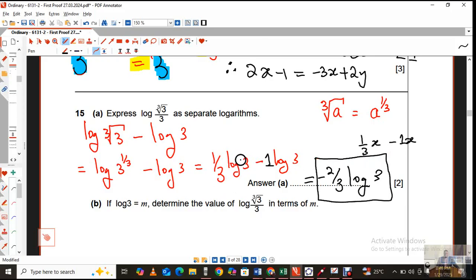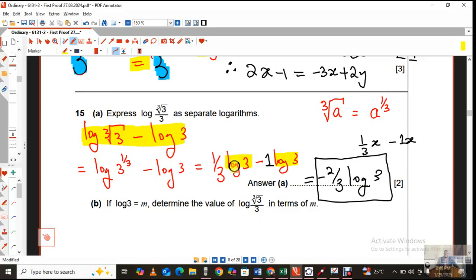But if you were to write it like this, it's also an accepted solution because you wrote it as separate logs. But it just so happened that this log 3 and that log 3 are common, and I would have like terms being subtracted, so I could actually further simplify it. If you were leaving your answer like this, you are going to get the full marks because you already separated them.